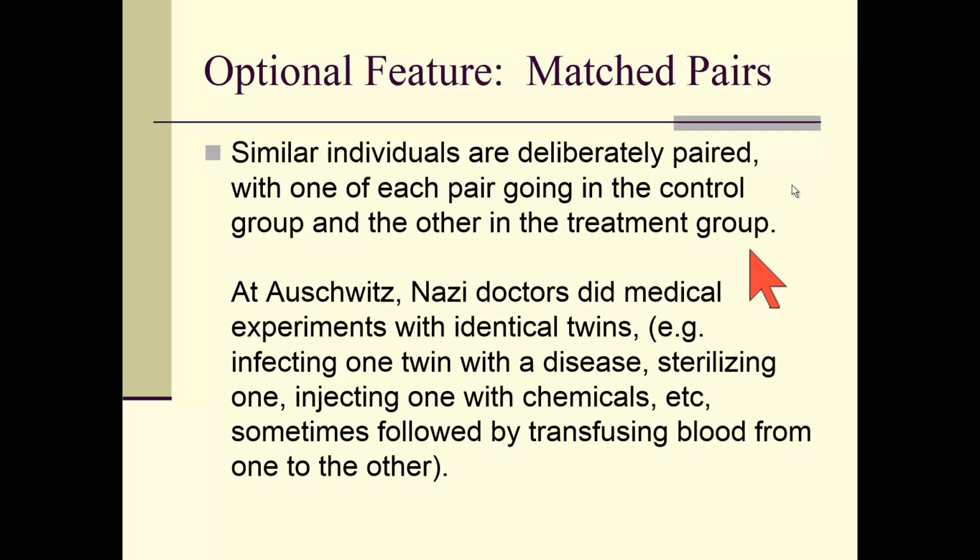I have a large group of twins, and I compare how the twin in the control group is getting along compared to how the twin in the treatment group is getting along.